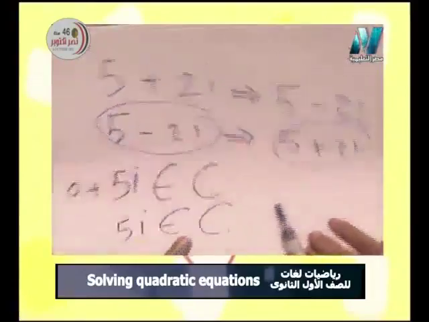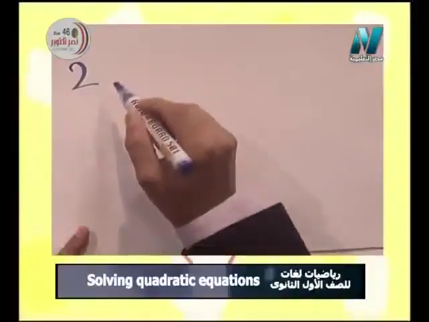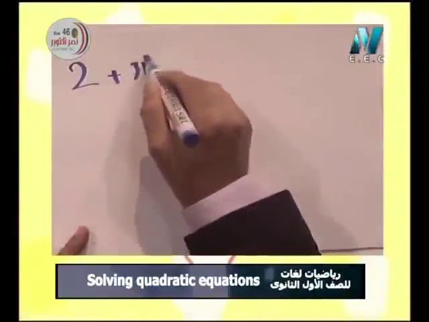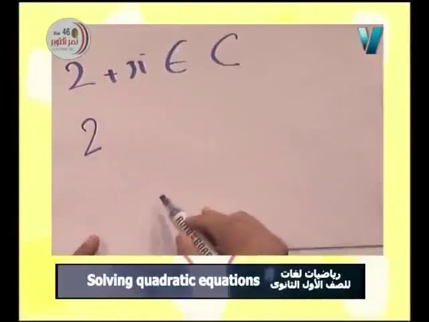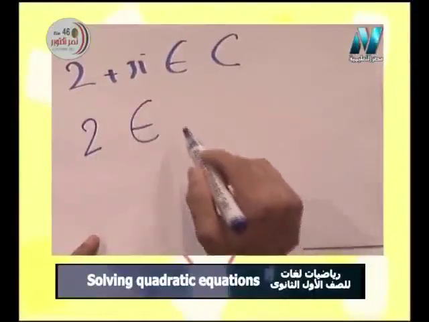And we will find other numbers in real numbers and complex numbers now. Look here. If we have 2 plus 3i belongs to C, and we have 2 only, doesn't 2 belong to C?